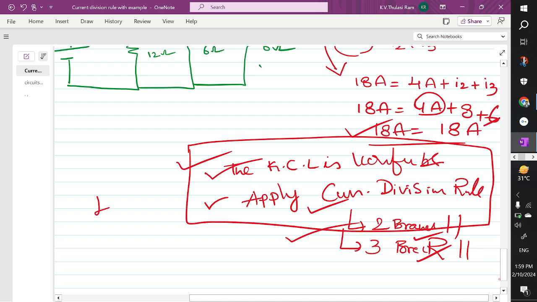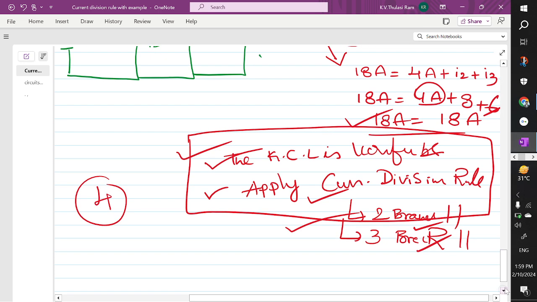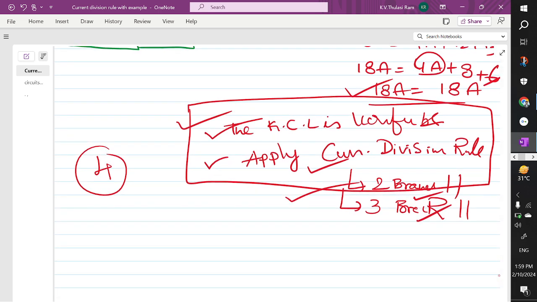You can practice it for four branches connected in parallel. I hope by this session you are clear about the current division rule.